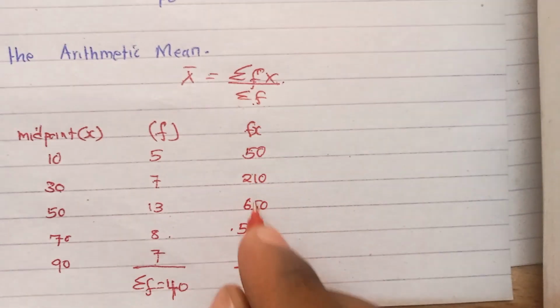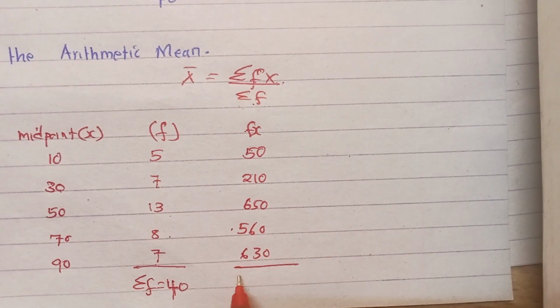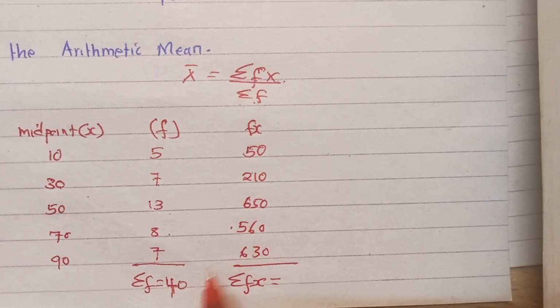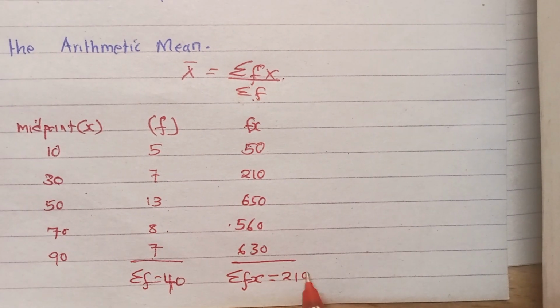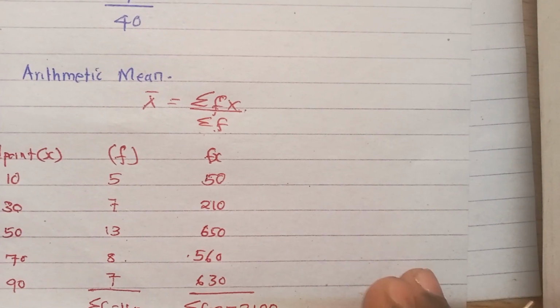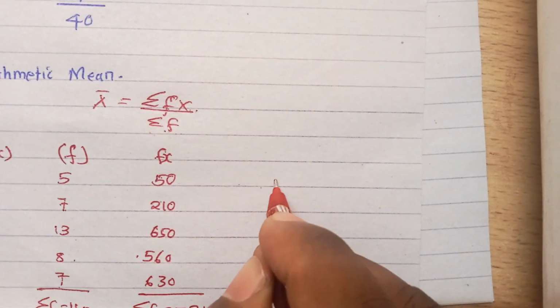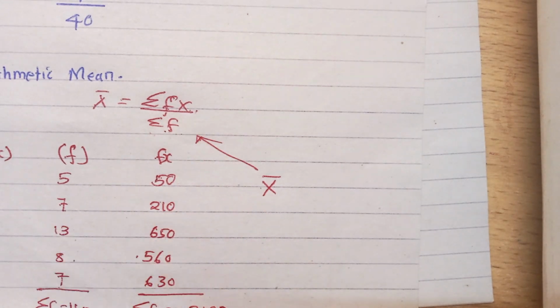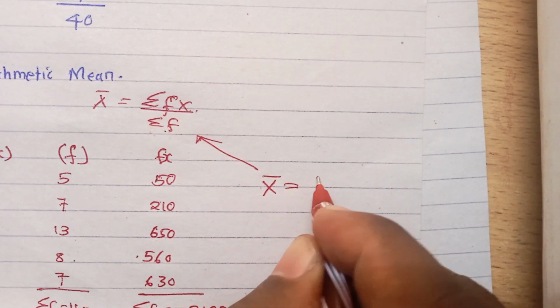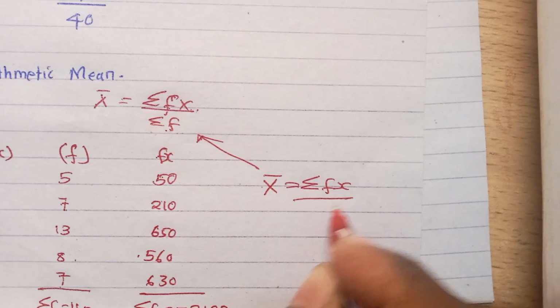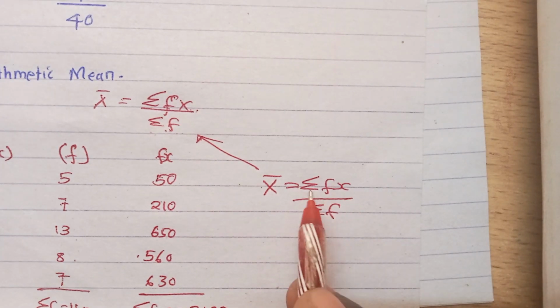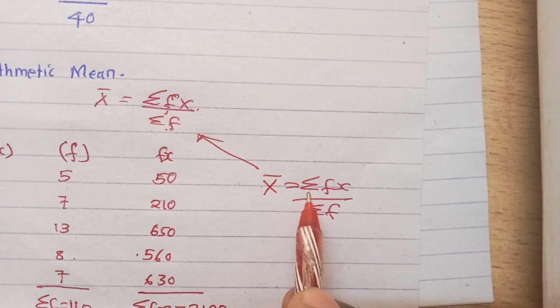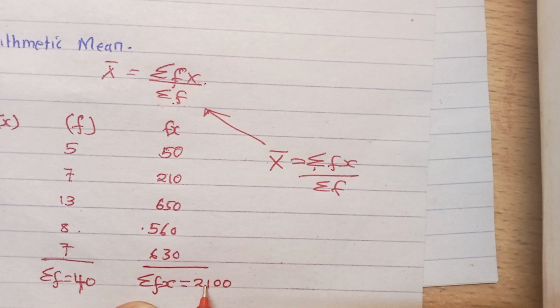If you add all these values, you get what you call summation of fx. My calculator is telling me that it is 2100. And because we said in our formula that x bar equals summation of fx divided by summation of f, we have obtained the summation of fx as 2100.